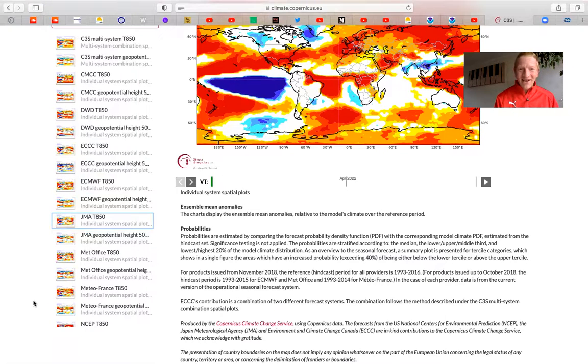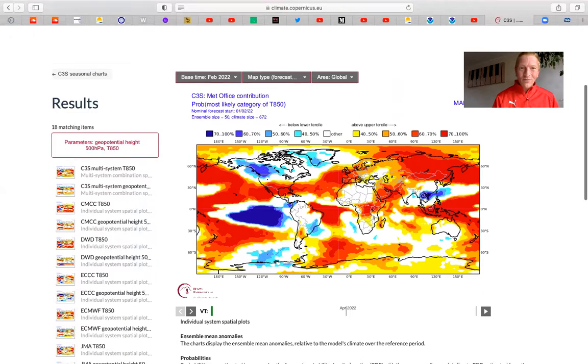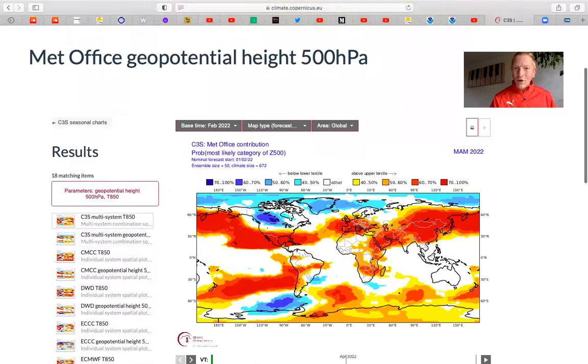Let's have a little look now at the Met Office and see what the Met Office has got to say for things. First of all, the temperatures up a mile up in the atmosphere at 850 hPa. And they're looking warmer than is normal. Again, very, very similar charts from all the models.